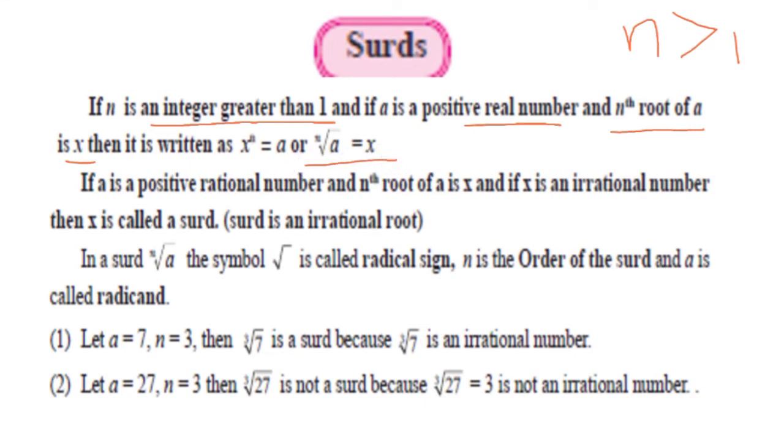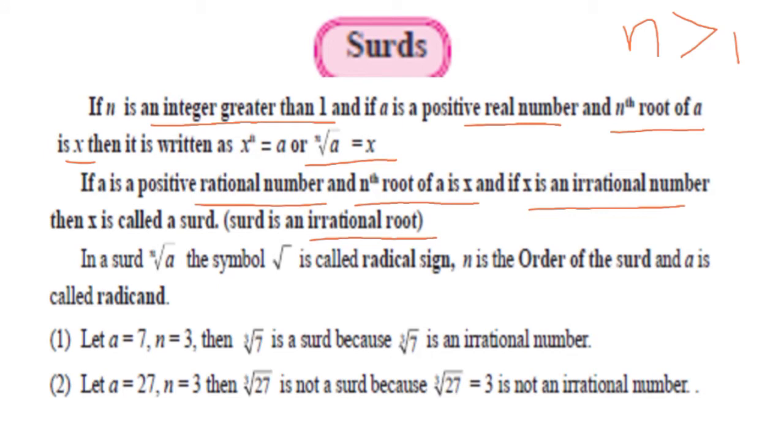If a is a positive rational number and nth root of a is x and x is an irrational number, then x is called a surd. That means surd is an irrational root. Means if the value of nth root of a is irrational, then it is known as a surd.